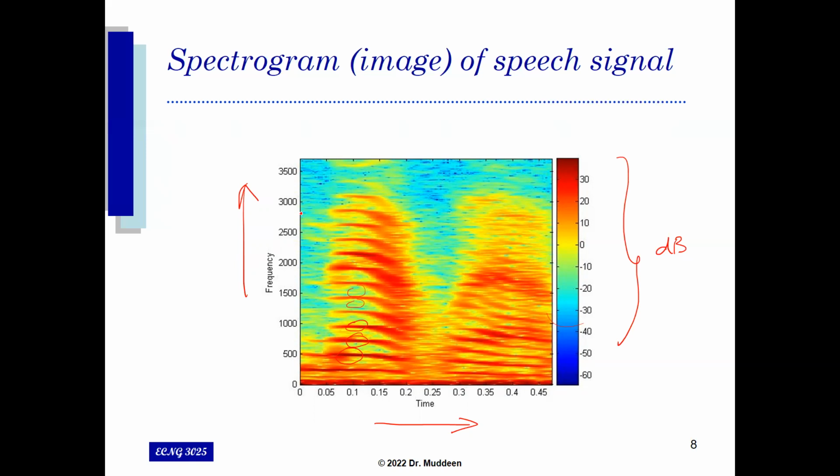So for instance, I have time and frequency here. If I take a slice in this direction, what this is going to show me is that for a fixed frequency, let's say this one is somewhere around 2300 Hertz, it is going to show me how that 2300 Hertz signal varies with amplitude as I go along time, from 0 to, in this case, about 0.5 seconds.